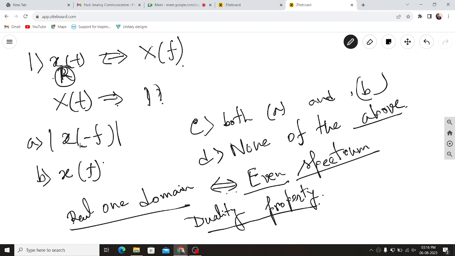So option A will be correct and option B will be correct, because these two will have equal value. X(-f) and X(f), both of them will have equal values, because the spectrum is even. Whether we go along the negative f axis or positive f axis, the value will be the same, because the spectrum in the frequency domain will be even, as we have taken the time domain signal as a real signal. So following this duality property, the actual answer will be option C, both A and B.